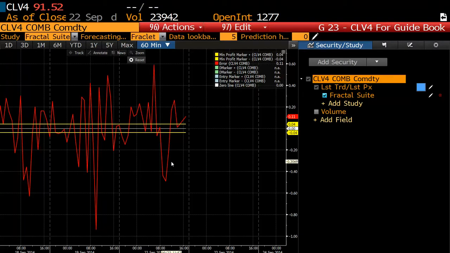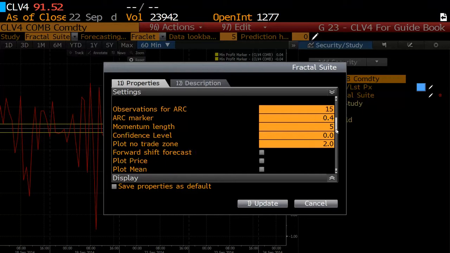Now, just think about this as the entry channel that was on the chart in the earlier video. Whereas before we were looking for maybe price to cross above or below the entry channel, now we're looking for the error to cross above or below the entry channel. So now let's go ahead and plot that marker that represents the entry channel.